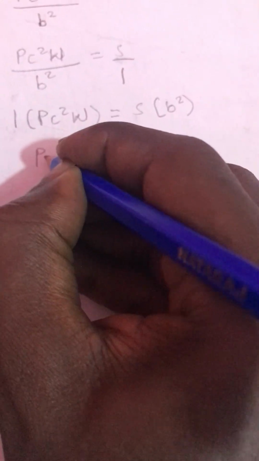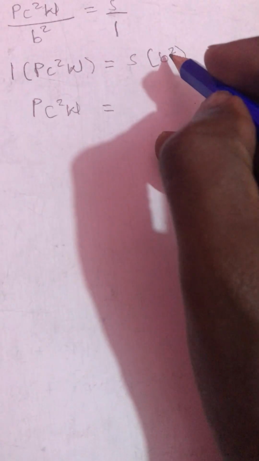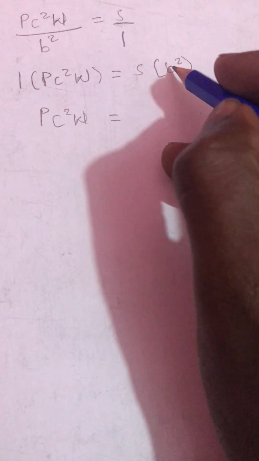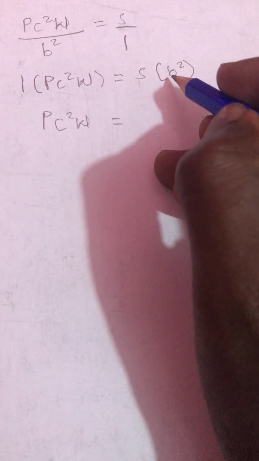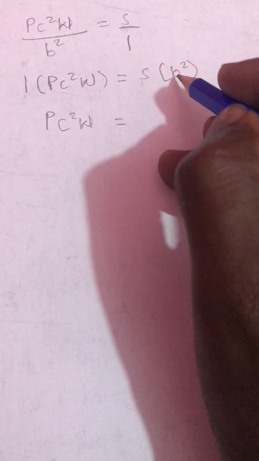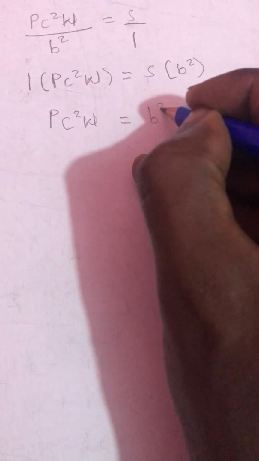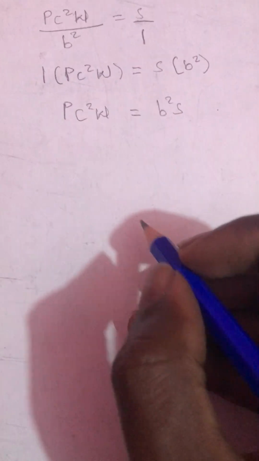So we have P C square W equal to S multiplying B square, which will give us B square S, right? Because B is an alphabet that comes before S. So B square S, right?